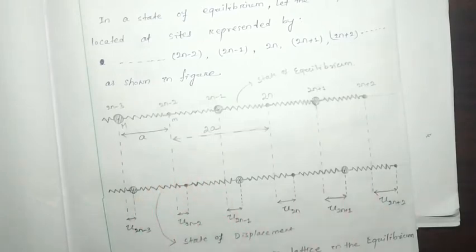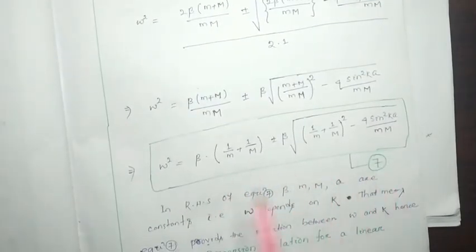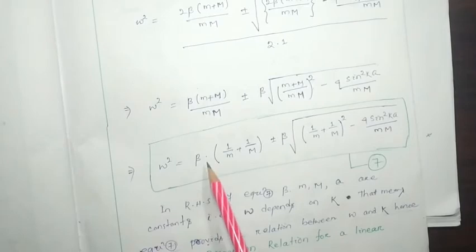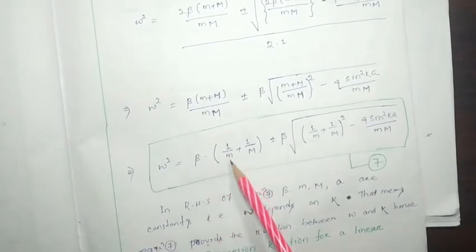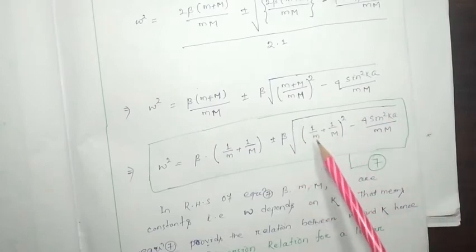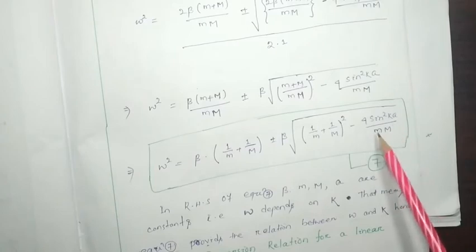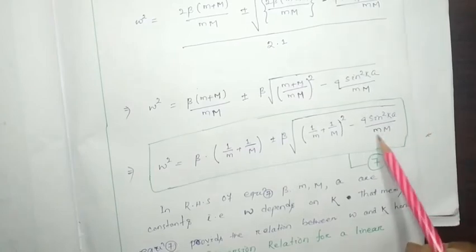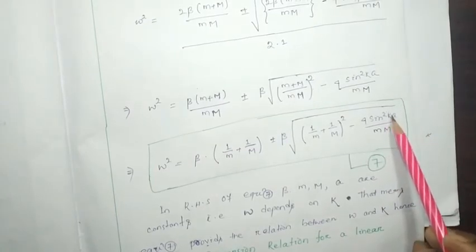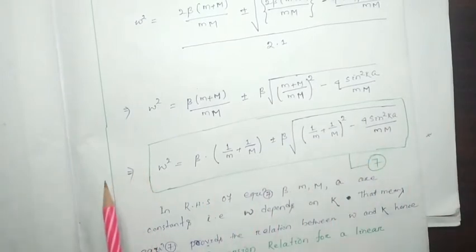We discussed up to the dispersion relation in our last class, up to equation number 7, that is omega square is equal to beta, which is the force constant, times 1 by m plus 1 by M, plus or minus beta root over of (1 by m plus 1 by M) square minus 4 sin square ka by m into M. Here small m, this is the capital M, and k is the wave vector.